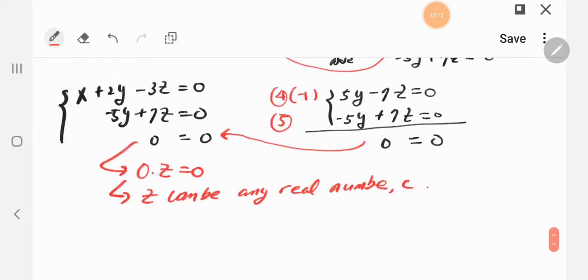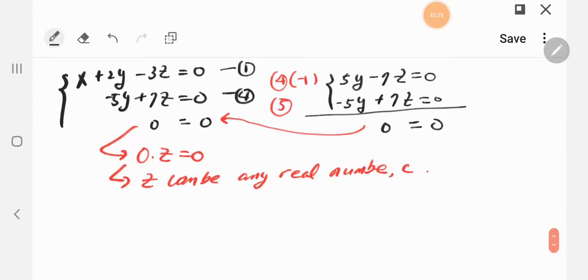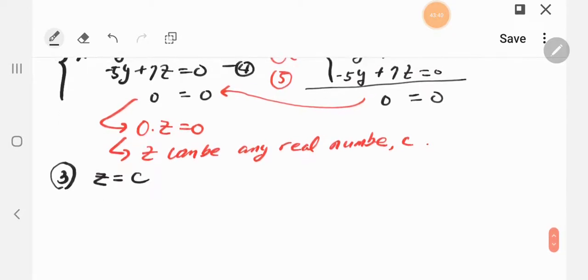So let's rewrite y and x in terms of c. From the third equation, 0 equals 0 means 0 times z equals 0, so z equals c, any real number.